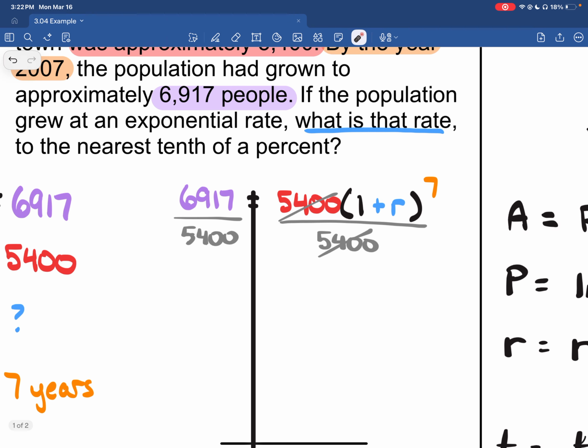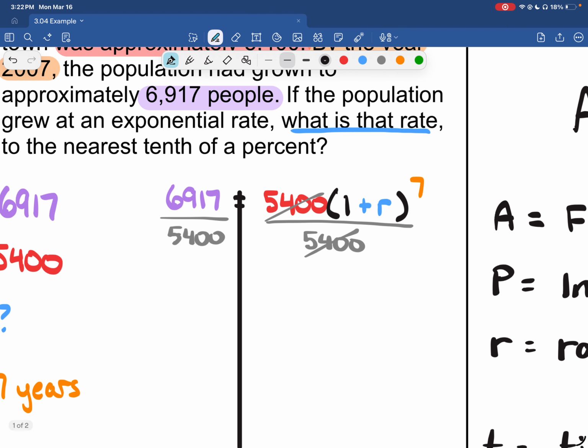I want to round my final answer to the nearest 1/10 of a percent, but that's our final answer. So a good rule of thumb is to take it to 2, 3, maybe 4 extra decimal places until you get to your final answer. So because that comes out to about 1.2809, I'm going to write 1.281 equals 1 plus r to the 7th power.